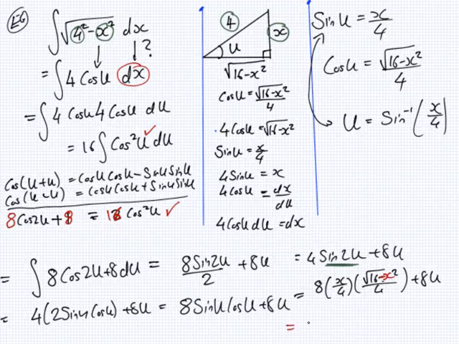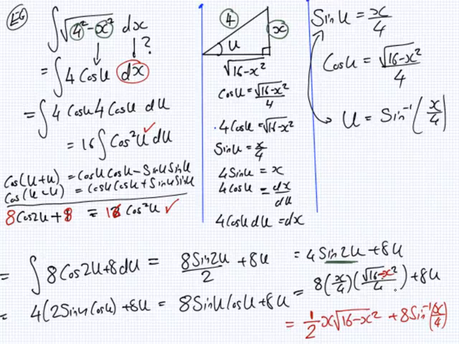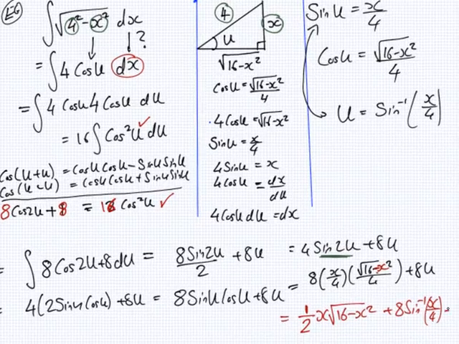So this is equal to a half x root 16 minus x squared plus 8 sine inverse x over 4. Can I squeeze it in? Plus c. And that's the answer. So I told you it was harder, and I wasn't joking.